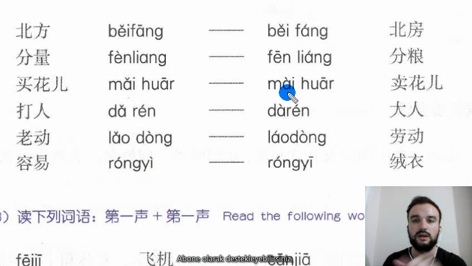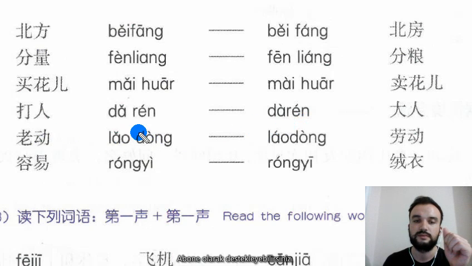And here we are. 画, 画, fourth tone and first tone. We don't have a rule. Here third tone and second tone. We should read it like half third tone. Da ren, da ren, da ren. Fourth tone and second tone, we don't have a rule. Da ren, da ren, da ren.